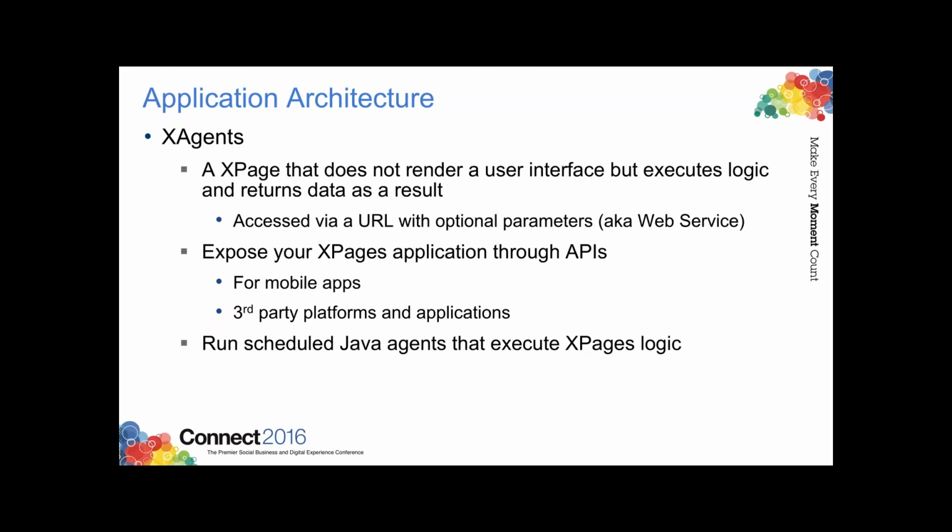And then you've also got third-party platforms and applications. Again, as part of the cloud-ready strategy, you want integration points, and you don't only want to make use of other services that are on the cloud, but you might want those services to access your applications through APIs, and XAgents is once again the way to do this.